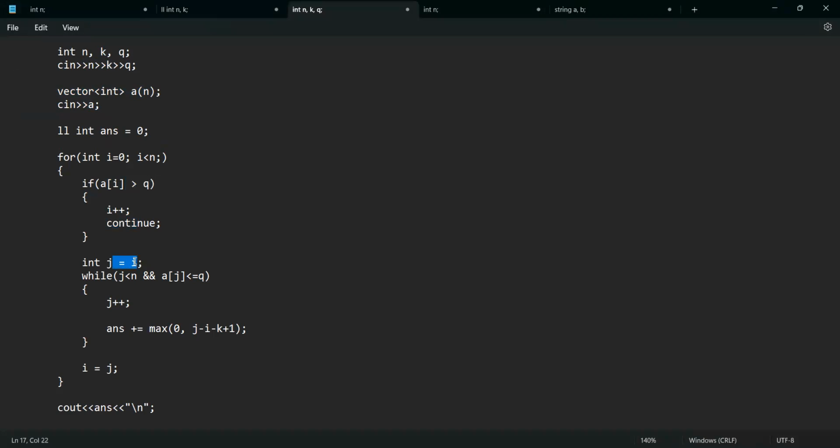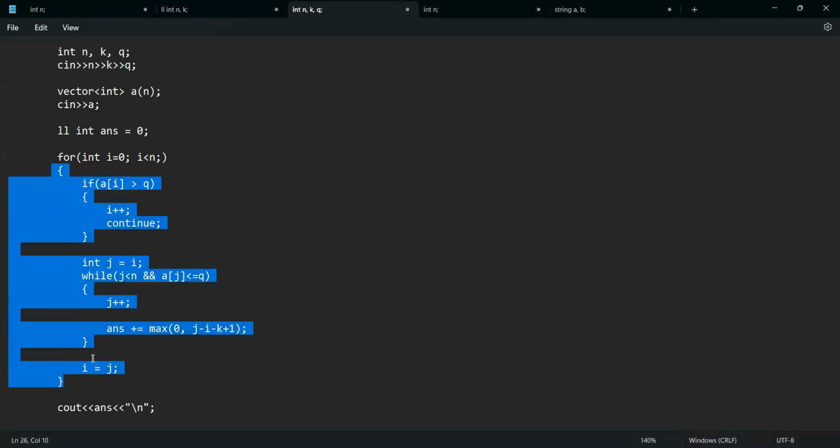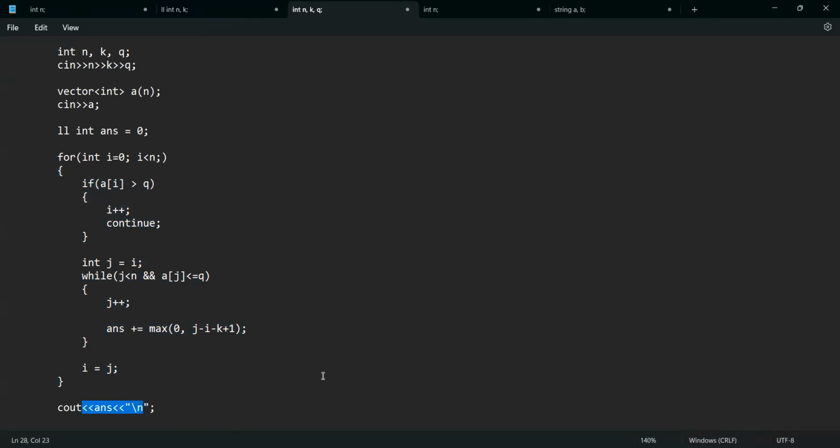Otherwise, I'll declare another variable J equal to I, and while J is less than N and the temperature at J is less than or equal to Q, I'll increment this variable, and then I'll add the maximum of 0 and J minus I minus K plus 1 to my answer. Once this loop ends, I'll set my I to the value J and continue. Finally, I'll have my answer. Is this okay?